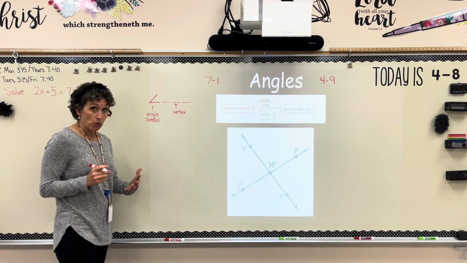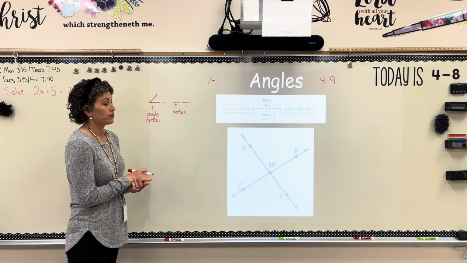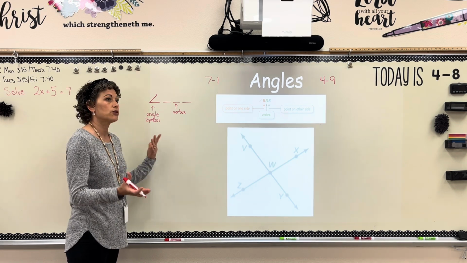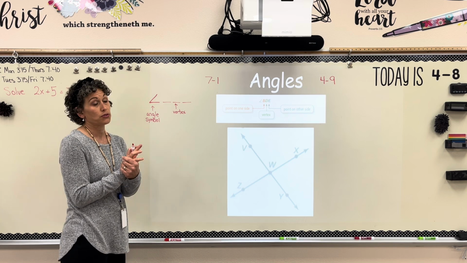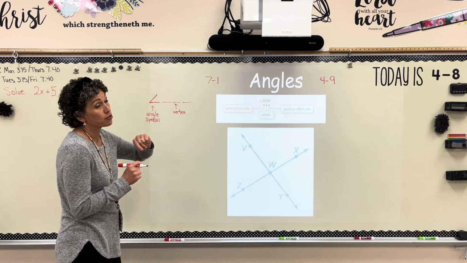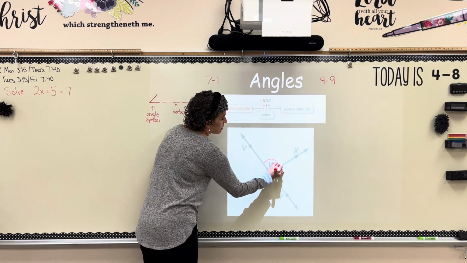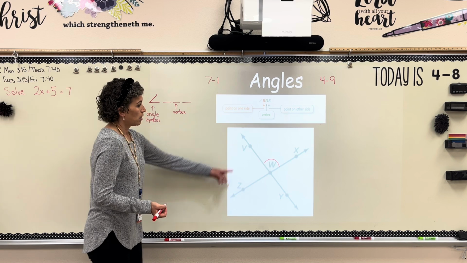There are many different ways to name angles. Okay. So when I give you one, there's usually another way to write it also, so don't panic if you don't have the same thing. The vertex does have to agree. So if I want to name this angle here, I'm going to start here.